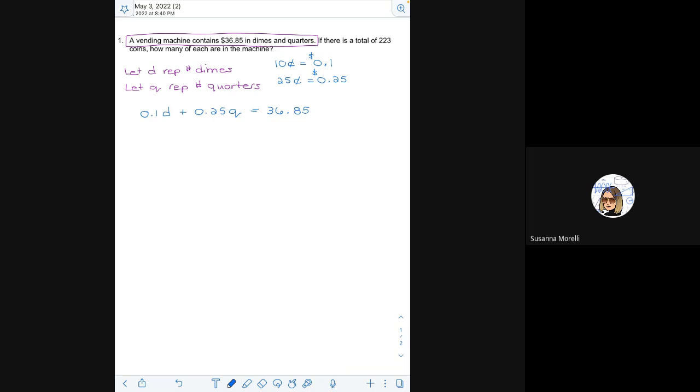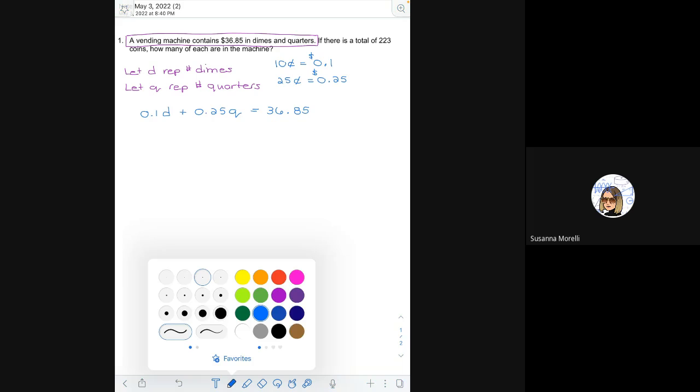The reason we do that is that if we know how many dimes there are and multiply it by 0.1, then we know the value of the dimes. And if we know how many quarters there are and multiply by 0.25, then we know the value of the quarters. For example, 4 quarters times 0.25 would be $1, and 10 dimes times 0.1 would also be $1. But right now we have no idea how many dimes and quarters there are, so we're going to leave it like that for now.